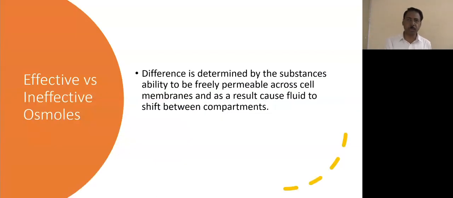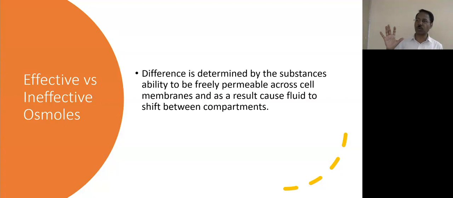Now, a little word about the osmoles, which are the electrolytes which determine the osmolality. So we divide them as effective and ineffective osmoles. Effective osmoles stay within a compartment and don't move from one compartment to the other, right?